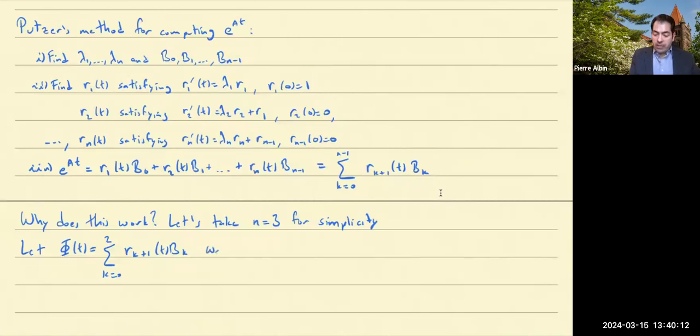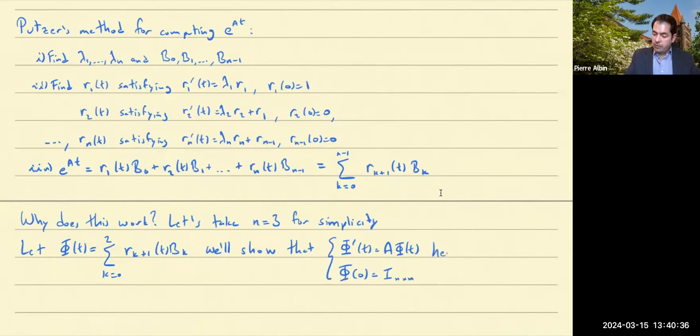So to show that it is equal to the exponential, we'll show that on the one hand, phi prime of t is equal to A times phi of t. And on the other hand, phi of 0 is equal to the identity matrix, right?